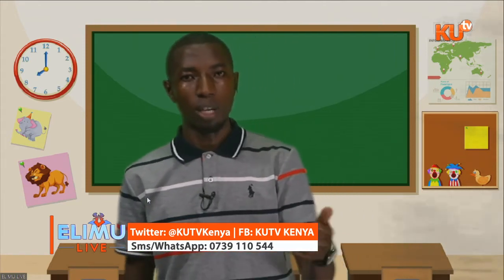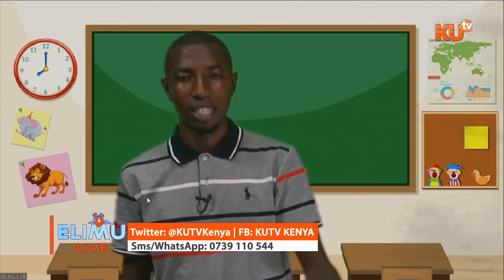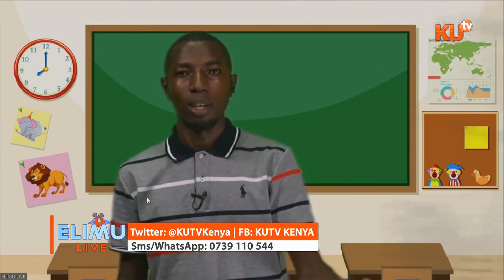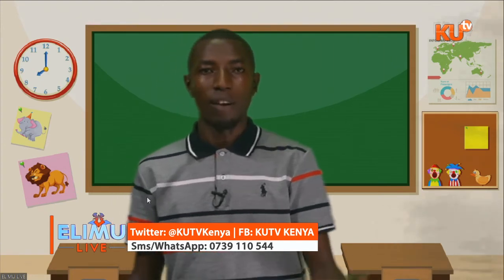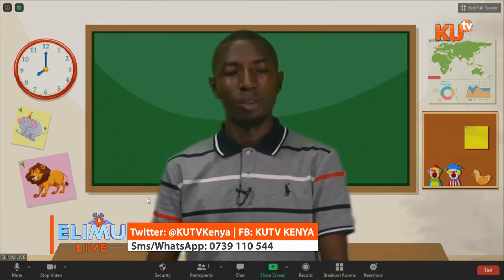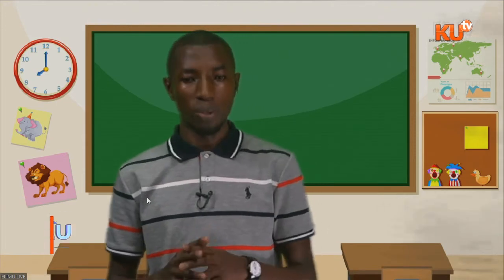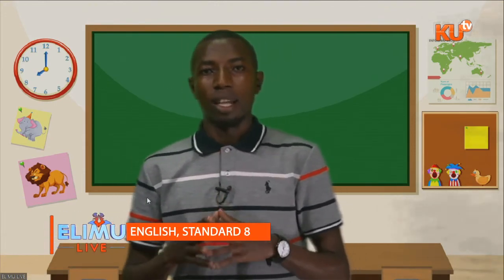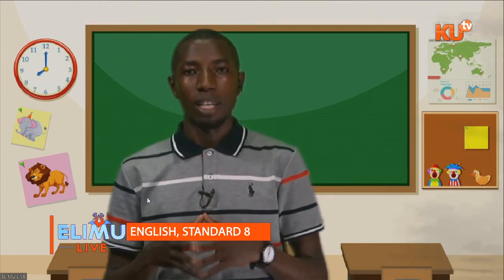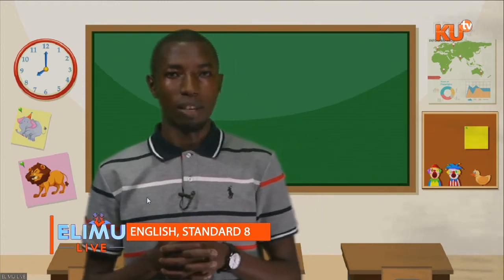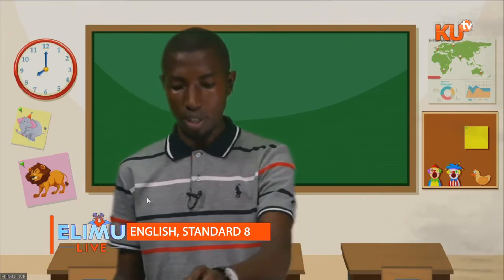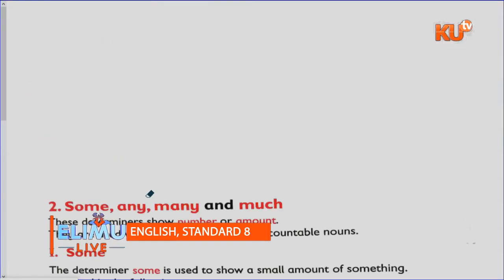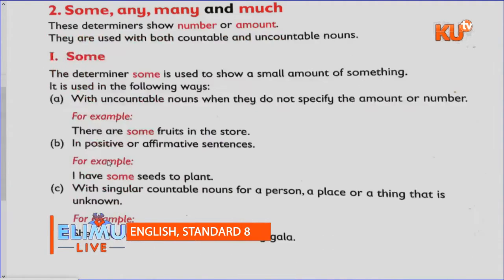We are going to have a look at any, many, much, a lot, a little, a few, and how they are supposed to be used, because they are really confusing and they are mostly tested in the national exam. So let me take you to my next page.